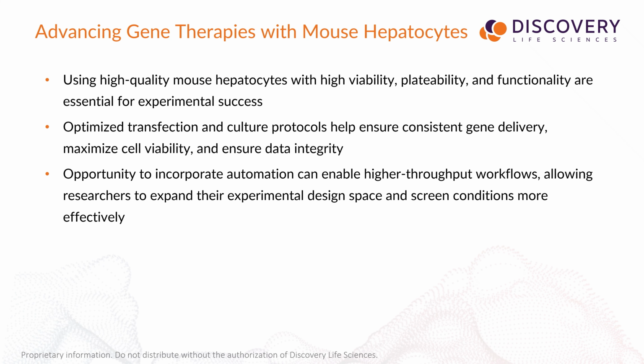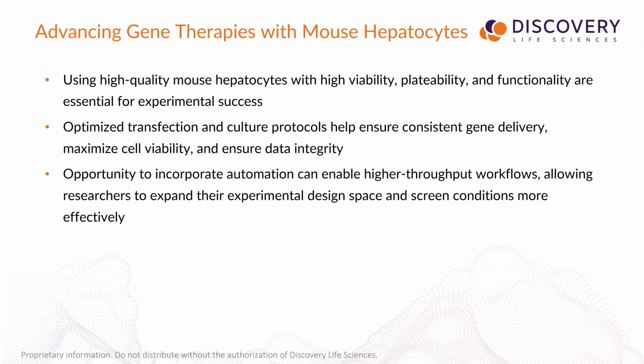As we've discussed, primary mouse hepatocytes are valuable in vitro models, but overcoming their inherent challenges is essential for reliable results. Using high-quality hepatocytes with strong viability, plateability, and functionality is critical to experimental success. Optimized culture and transfection protocols help ensure consistent gene delivery, maximize cell health, and maintain data integrity.